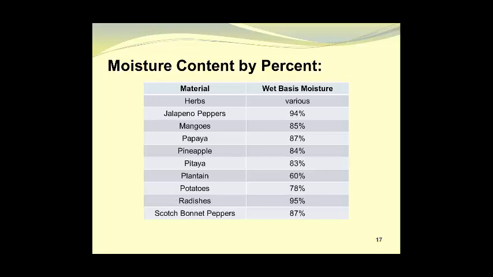In the second part of the table, we see jalapeno peppers with 94% moisture and radishes with 95% moisture by weight, but plantain has only 60% moisture on a wet basis. Potatoes have 78% moisture, and these refer to what are often termed Irish potatoes.